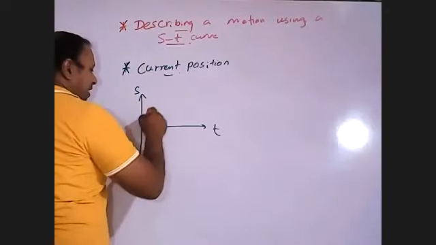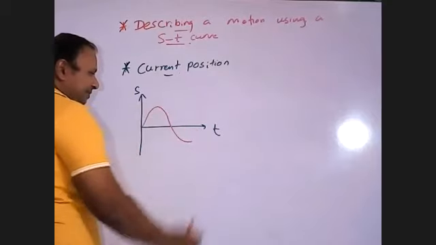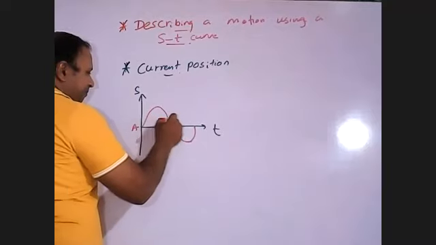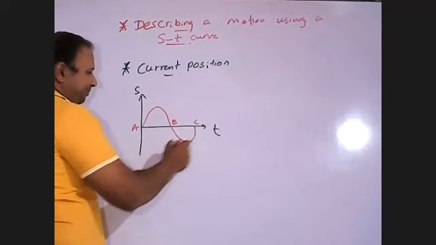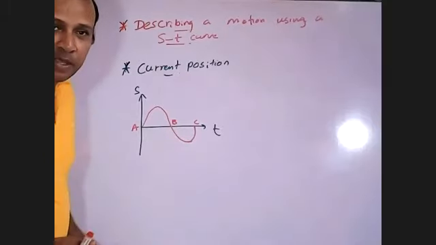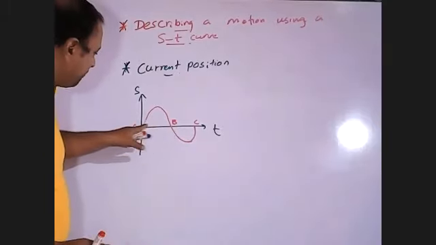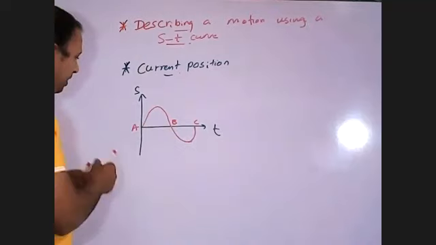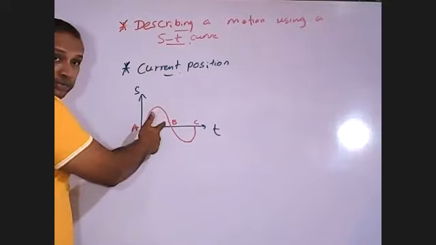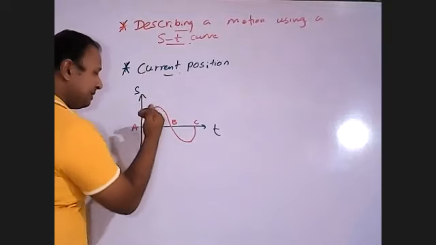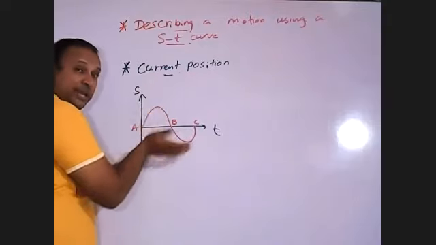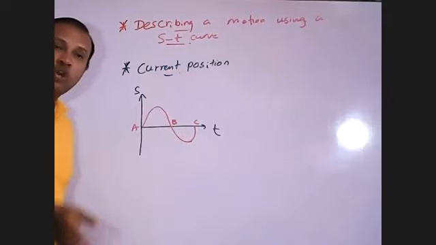Suppose you have a graph something like this, with points A, B, C here. You can clearly see from A to B, the S values are positive. That means y values are positive, so S is positive.